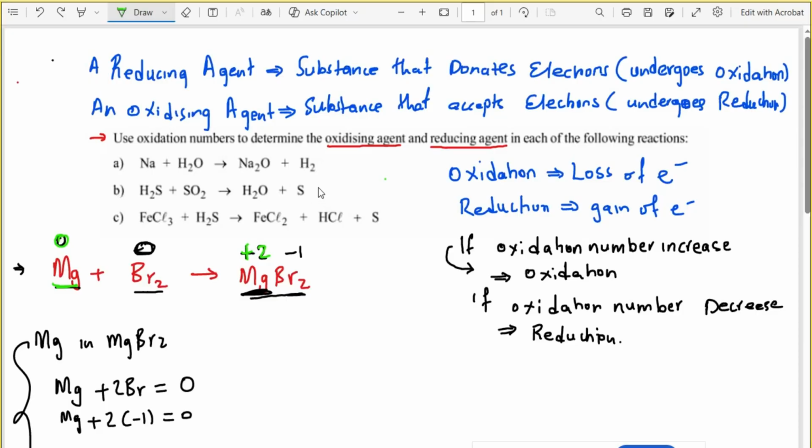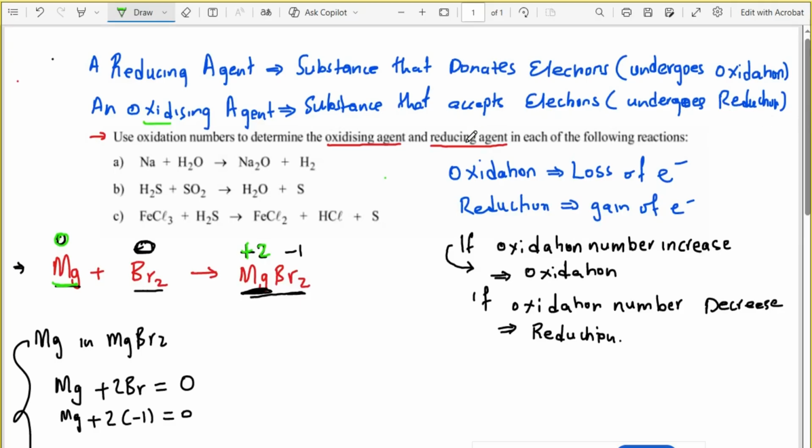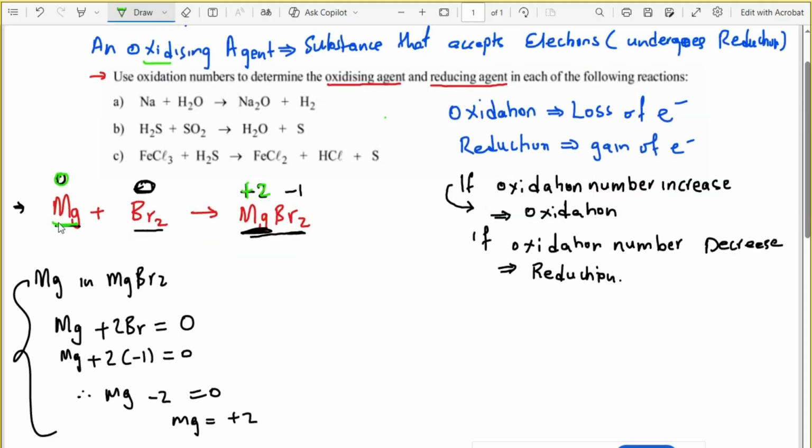We are saying that an oxidizing agent is a substance that accepts electrons and undergoes reduction. Okay, let me say this again. Mg goes from 0 to +2, so the oxidation number increased. So Mg is oxidized.